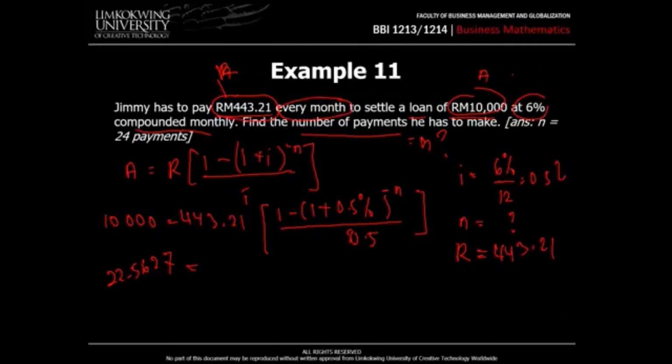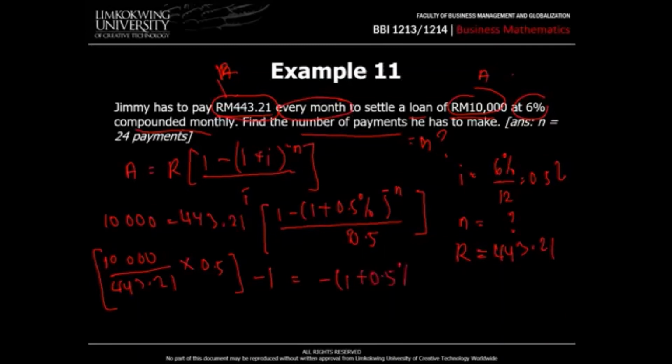So multiply with i. I make it simple. So here 10,000 divided by 443.21, multiply with 0.5, bring here, multiply with 0.5. Then here is 1 minus, so bring here negative, minus 1, then you got negative 1 plus 0.5% to the index of negative n. What is the answer here?